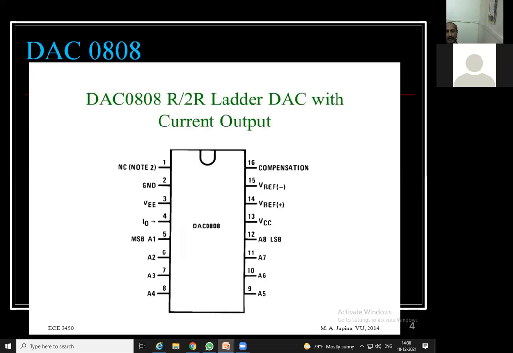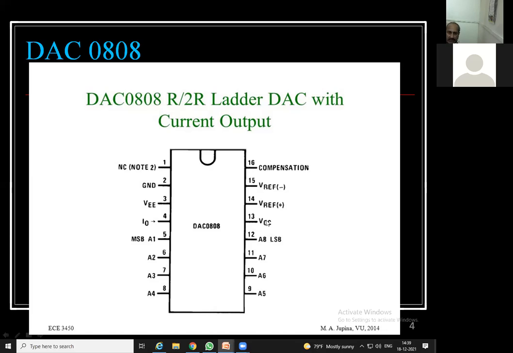In the pinout diagram you will see the 8 inputs: A1, A2, A3, A4, A5, A6, A7, and A8. They are all inputs. The DAC has multiple digital inputs and only one output. Additionally there are the IO, V reference minus and V reference plus, which are required for this IC to work.